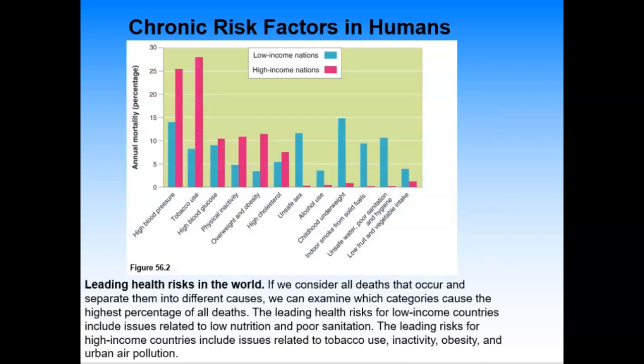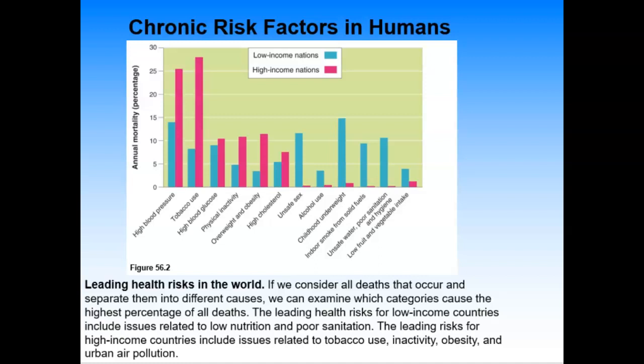So when we look at this graph that will show the different risks around the world, in the high-income nations, the leading risks are associated with high blood pressure and tobacco use. We don't see that as much in low-income nations because people can't afford those high-fat, processed foods, and the tobacco use can be expensive.